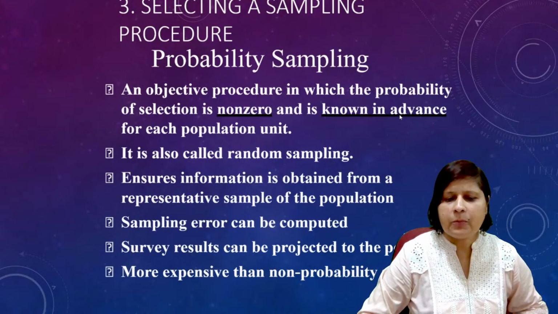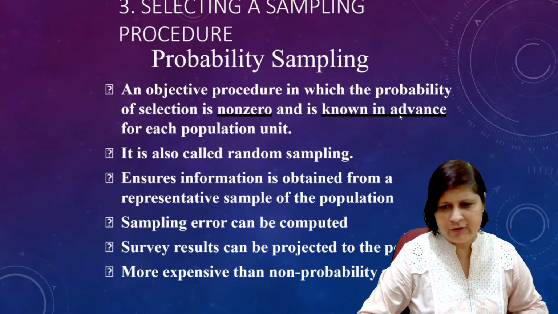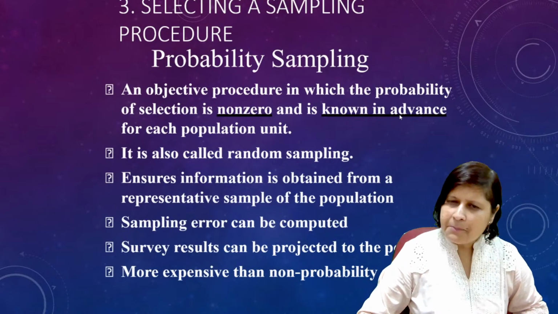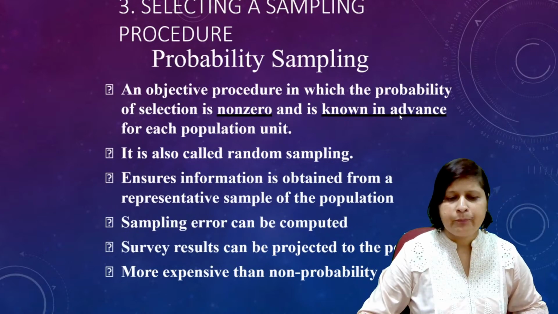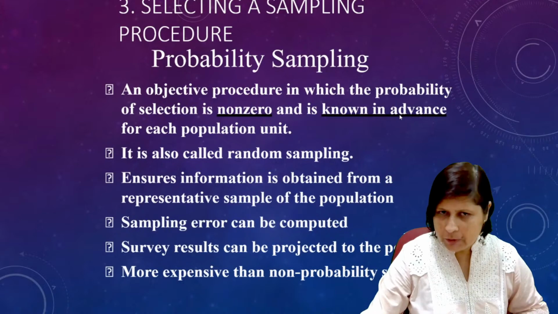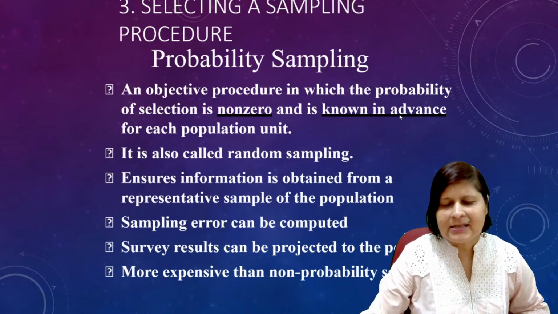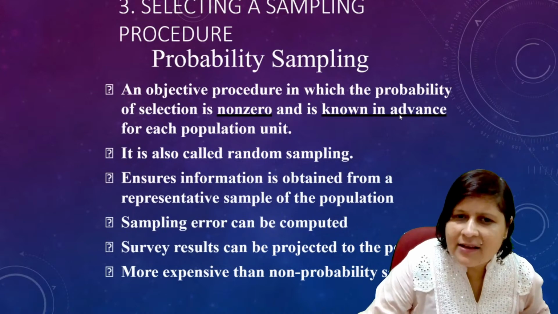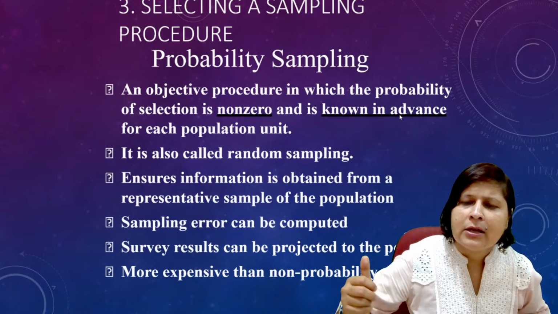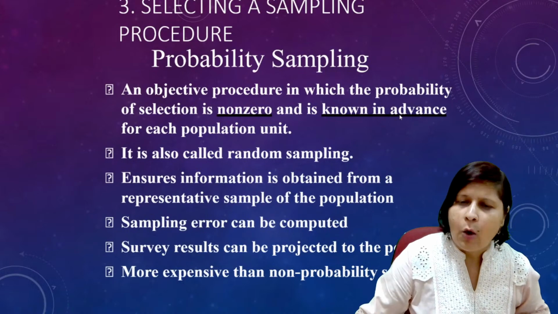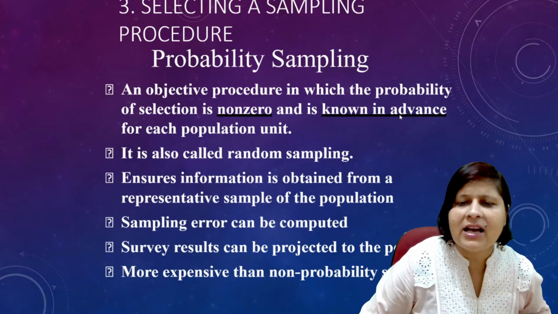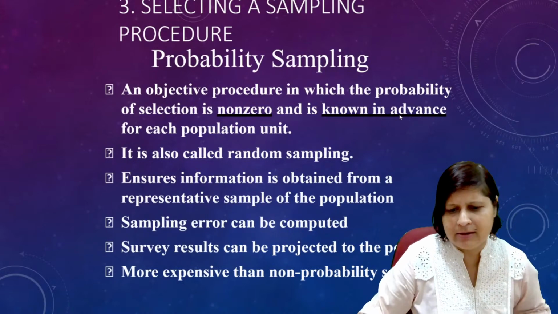It ensures the information is obtained from a representative sample of the population. Sample error can be computed. Survey results can be projected to the population. We can generalize the results obtained through probability sampling, while it is difficult to generalize the results of non-probability samples.